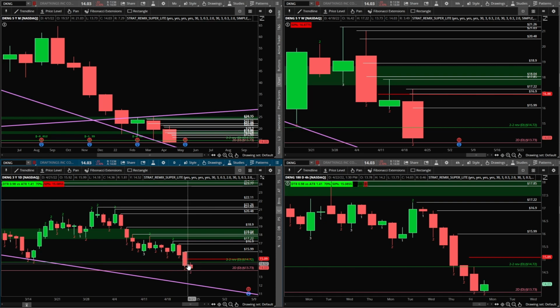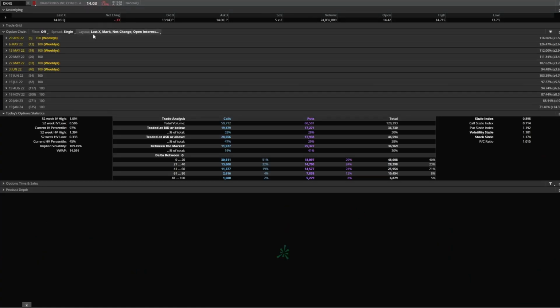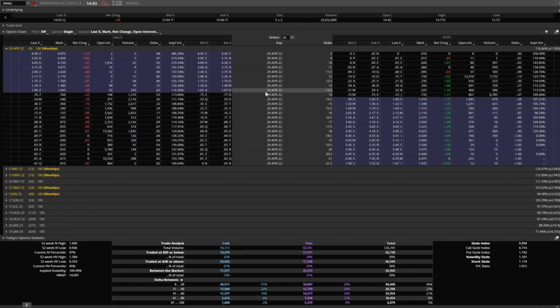So if I do get a 2-down continuation on the day, that entry would be after 1373. So I'd be playing a $13 put, unless there's a 1350, which there is. So I'd be playing a $13.50 put, basically at the money, so that you get your quick gain and you get out.